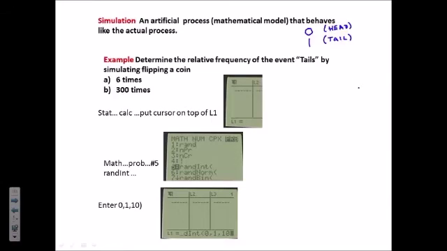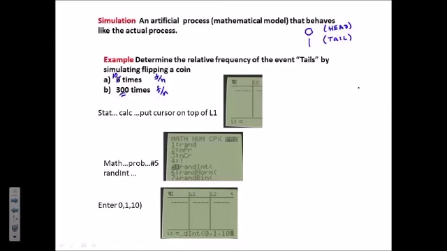Now, what we're going to do here is do a short run and a long run. First, we're going to flip a coin 10 times and see what the relative frequency is, f over n. Then we're going to flip a coin 300 times, and we expect f over n to be very close to the theoretical probability of heads, which is 0.50.